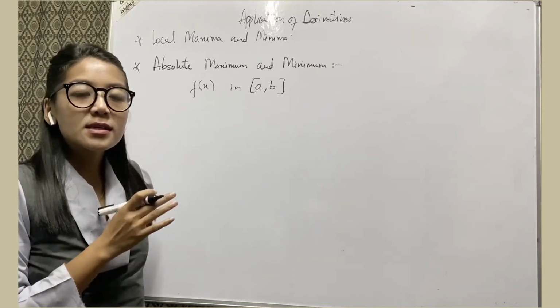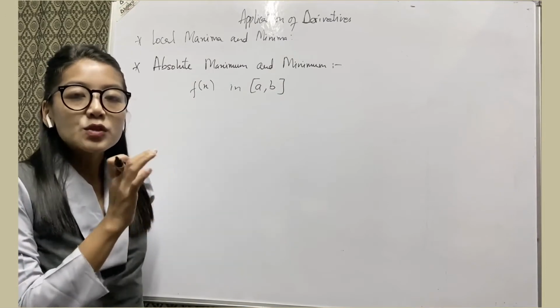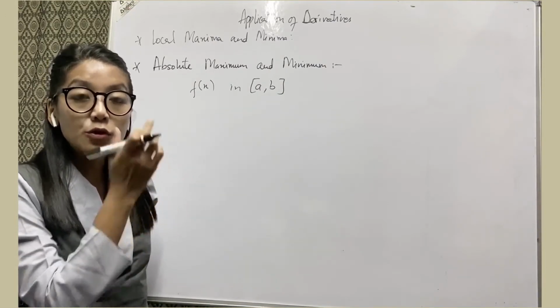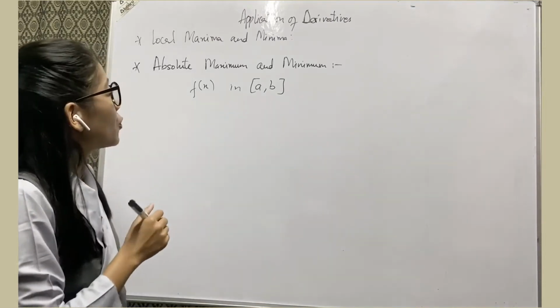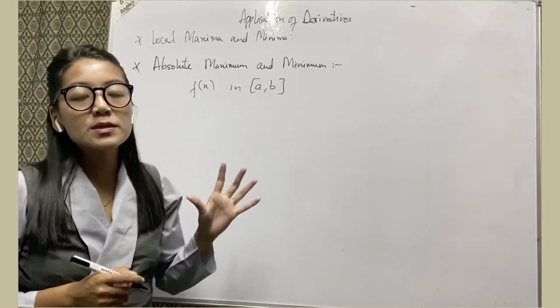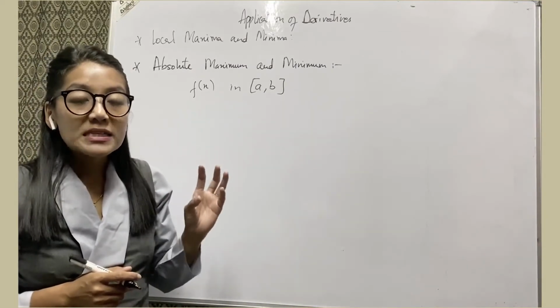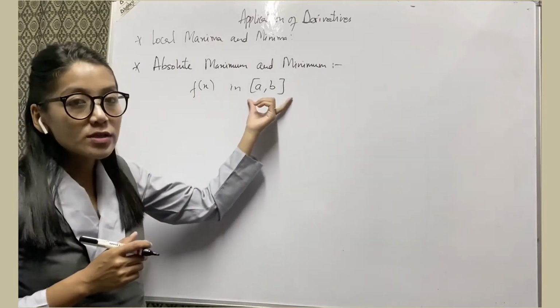When we discussed the maximum and minimum value of the function in the first topic, we saw that when the given interval is closed, you will always get the maximum and minimum value of the function. Therefore, when asked for the absolute maximum and absolute minimum, the given interval is always closed.